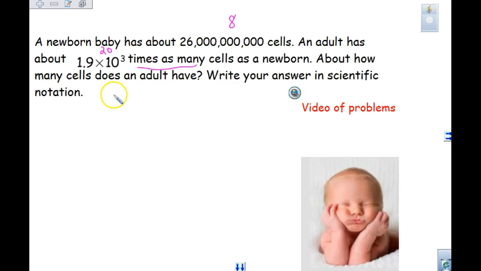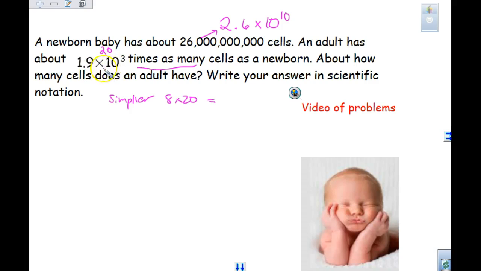You probably would have taken the simpler problem, right? If we think of this, the simpler problem, you would have taken 8 times 20 and got your answer. But we can't use these simple numbers. So the first thing we're going to do is we're going to convert this number to scientific notation. So that 26 billion, that is 2.6 times 10 to the 10th power.